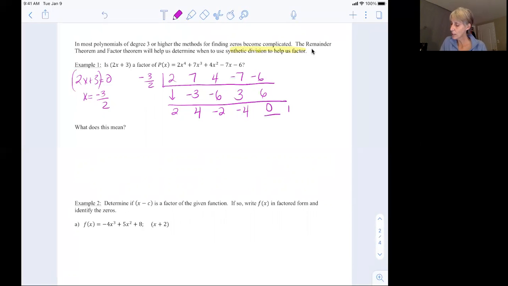Okay, so yes, it is a factor. If I get 0 as a remainder, that means it is a factor.